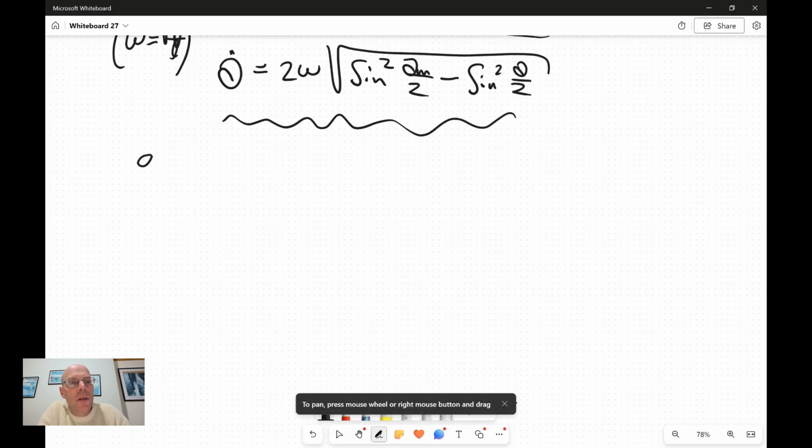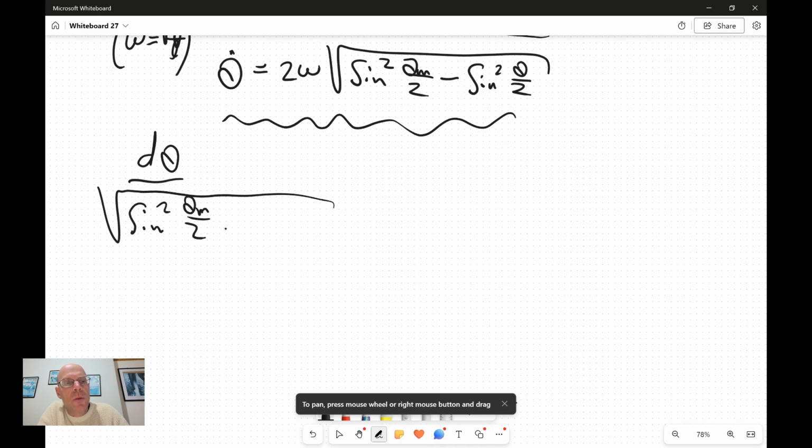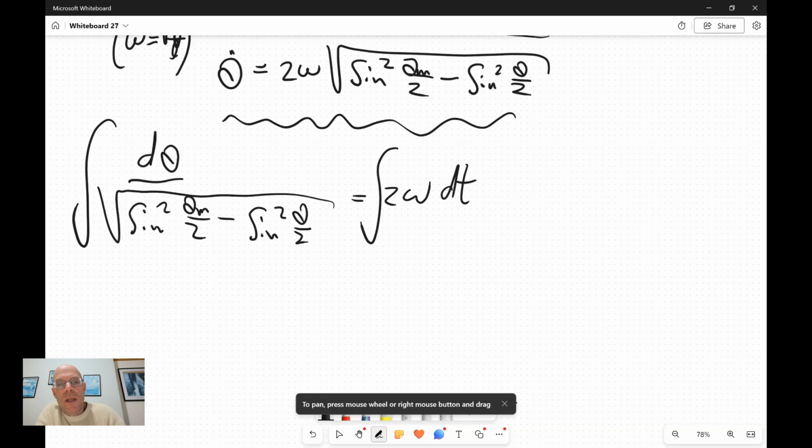We can write d theta over square root of sine squared theta max over 2 minus sine squared theta over 2 equals, what do we have? 2 omega dt. And now we can integrate both sides.